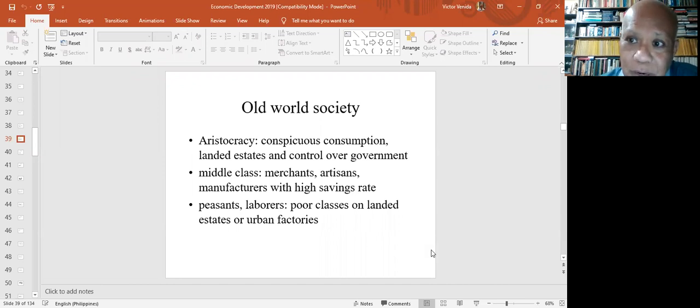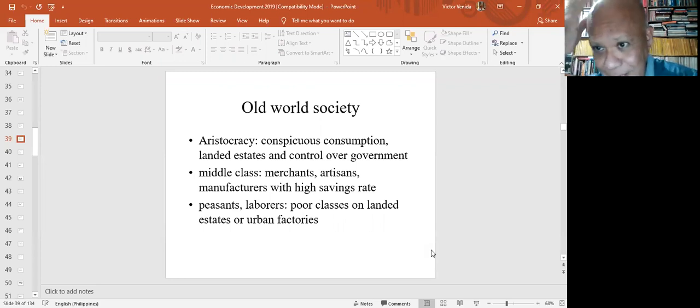Aristocrats are in control of the government, so therefore their earnings are utilized for political purposes. Among the important political purposes is that they have to show off their wealth and power. By showing off their wealth and power, they're able to attract more peasants to settle in their estates.